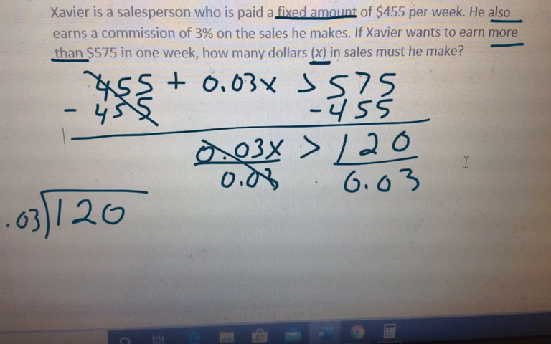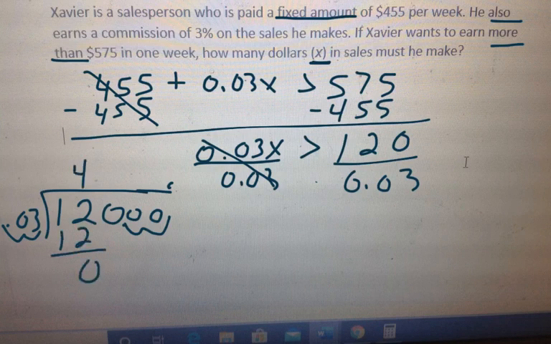We move the decimal over 2 spaces, and we move the decimal over 2 spaces as well. Three goes into 12 4 times. We have 0 here, but we must continue because we have more zeros underneath here. Each one will represent a 0 until we get to the decimal point.